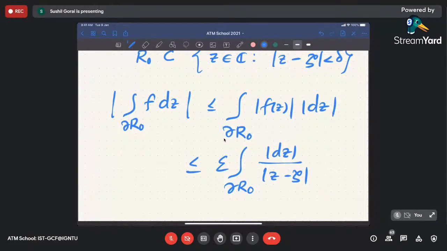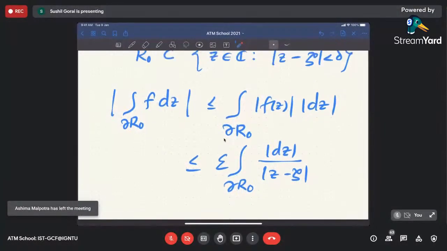Have you done it? How is this integral bounded? Do you remember there was an exercise in the tutorial, at least in those problems that I circulated?